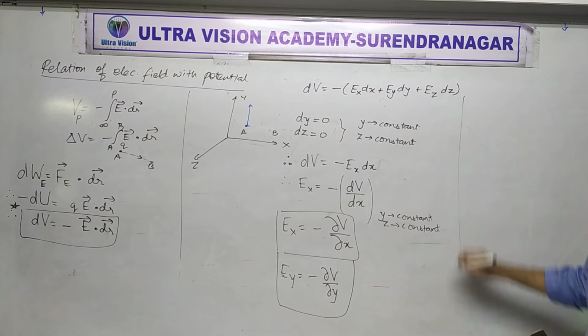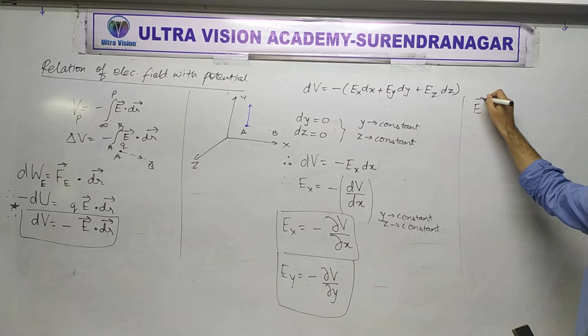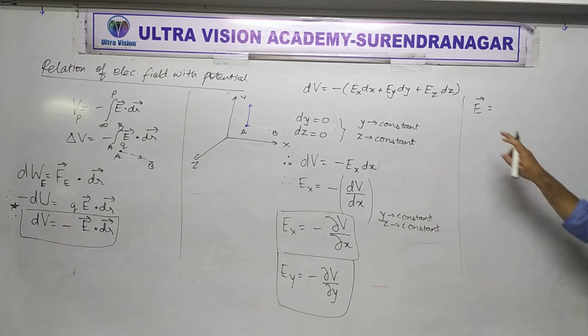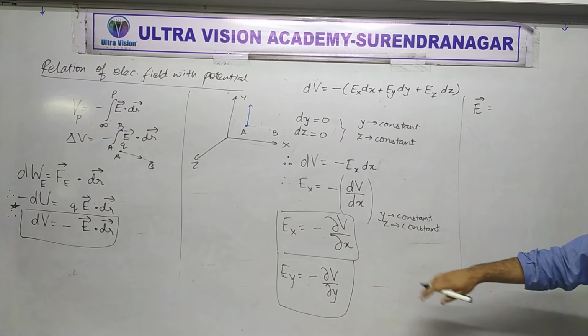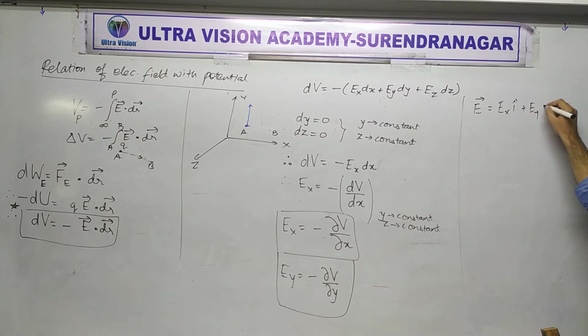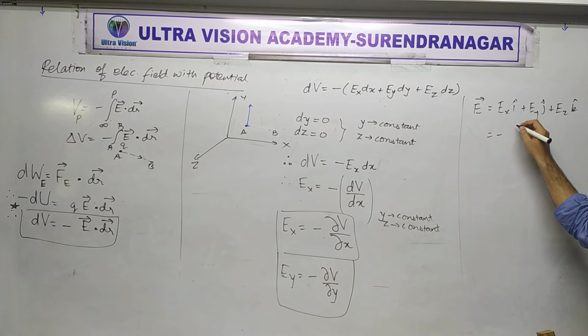Okay, so if you want to put everything in vector form, finally, you can write it as E vector equal to x component, y component, z component, right? Ex i caret plus Ey j caret plus Ez k caret, then that is equal to minus, you can take minus common if you want, okay?